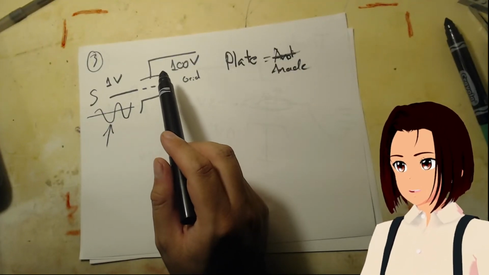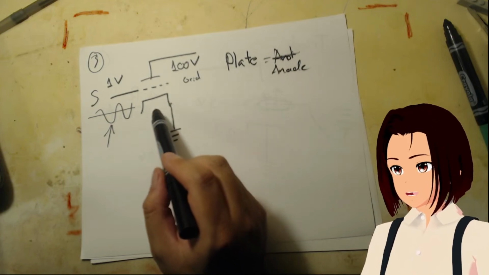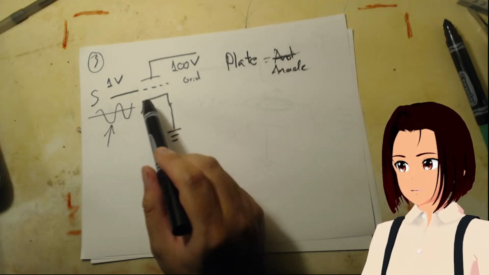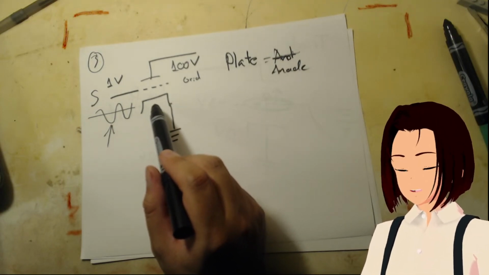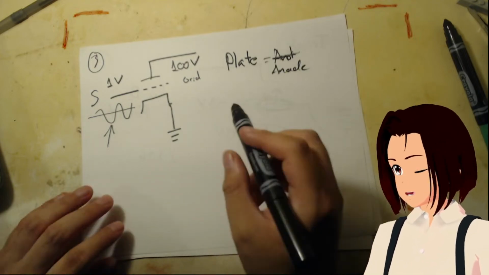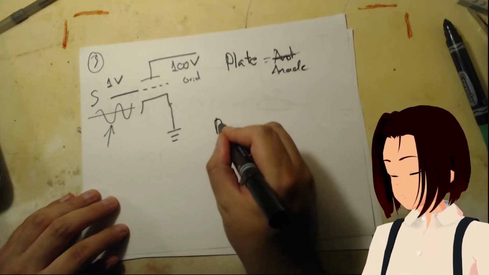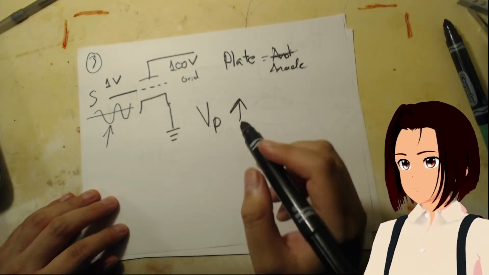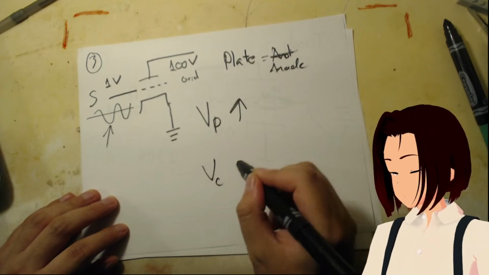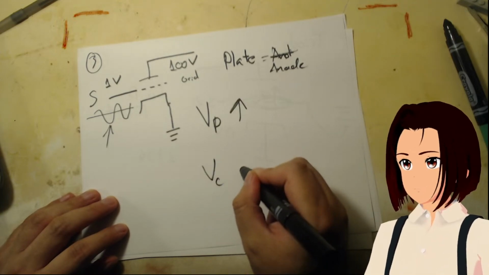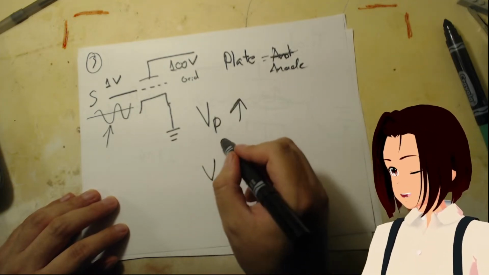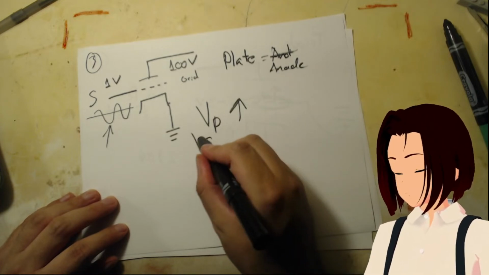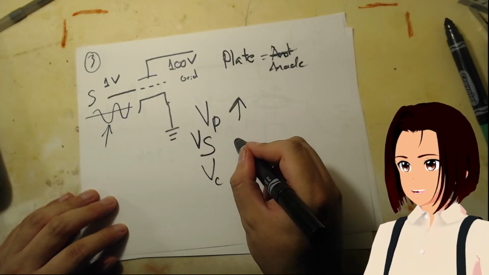So we have a high voltage here, and because the electrons are still at the cathode, we have a negative voltage. So the plate voltage will be high, the cathode voltage will be negative, and the signal voltage is actually -2.